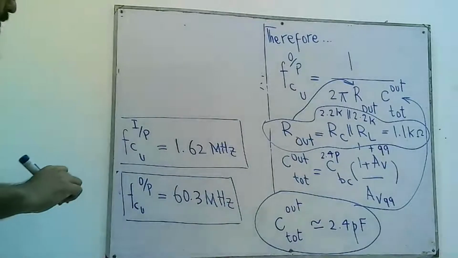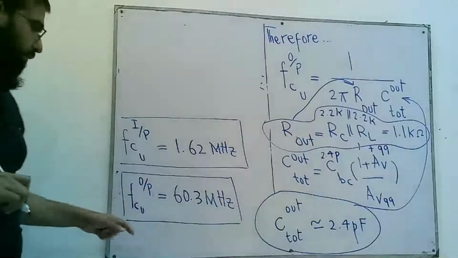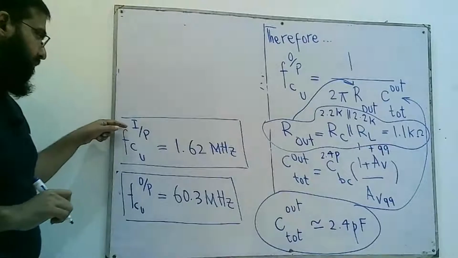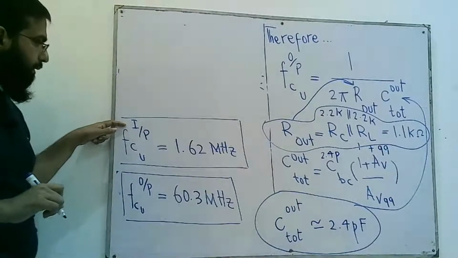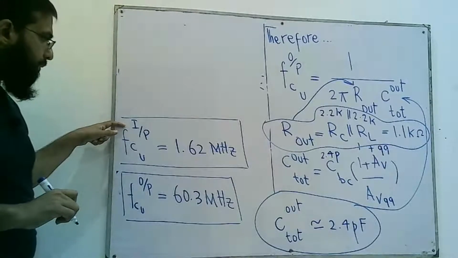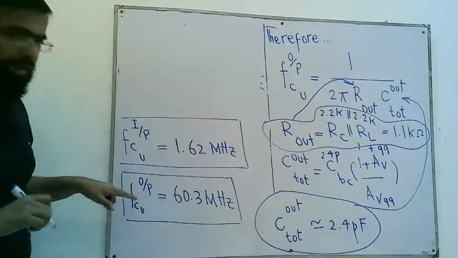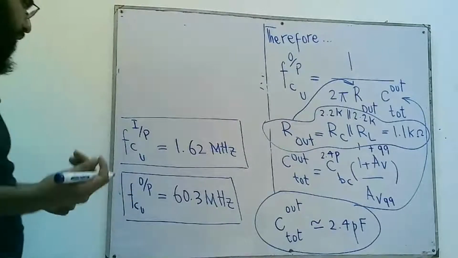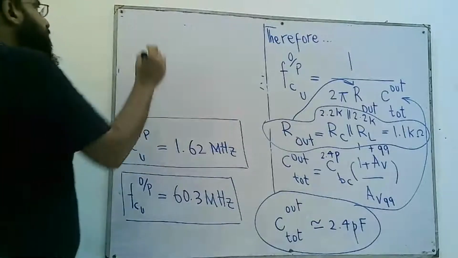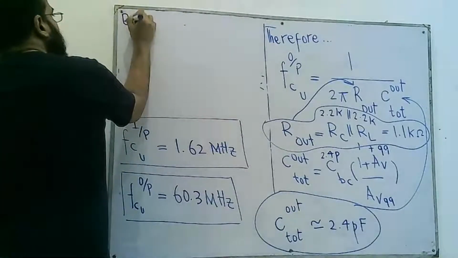Right. So now we have two cutoff frequencies. They both are upper cutoff frequencies, but this one is due to the input RC network, and this one is due to the output RC network. So which one is smaller? This one.